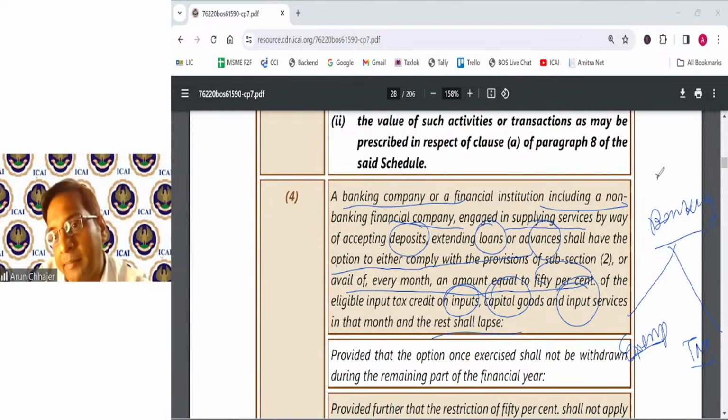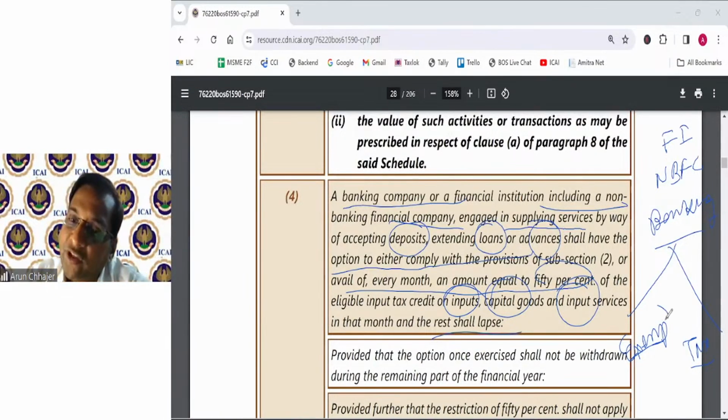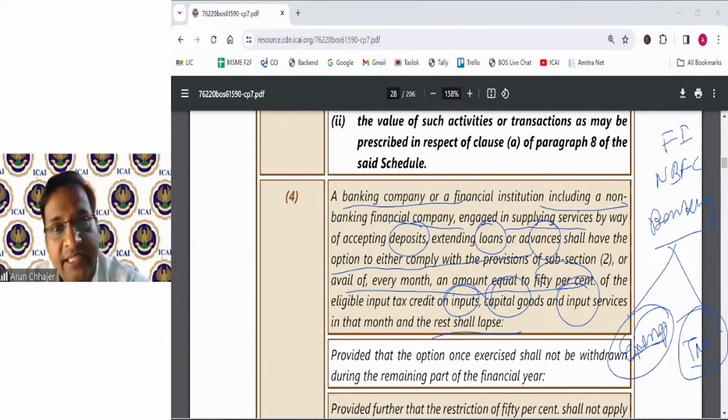If I am a banking company or NBFC or financial institution having two types of supply, one is exempted, one is taxable. Can you give me an example of exempted? Answer is yes, interest on long-term loan advances. Example of taxable?